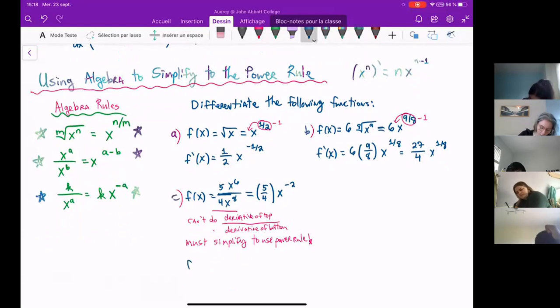Which means that now f prime of x is that 5 over 4, that's my constant out front. I bring the negative 2 down, x to the new power, I subtract 1.